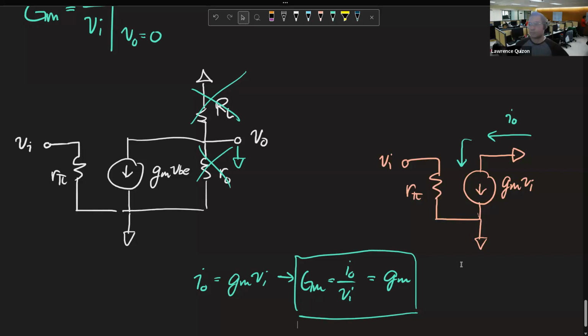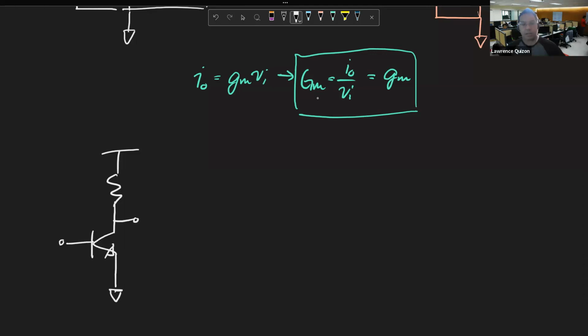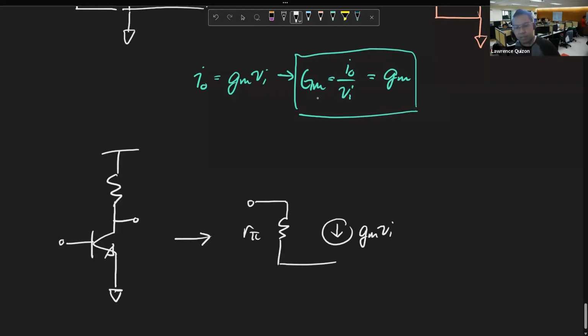So, in summary, we analyzed this amplifier, and it turns out that the small signal model for it becomes R pi of the BJT, GM V in, and R out parallel RL.